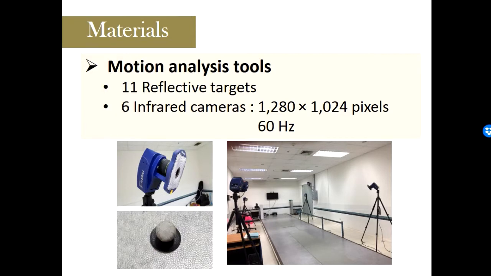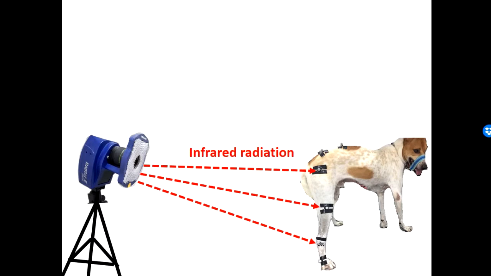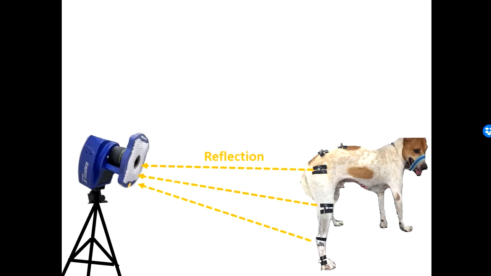And we used motion analysis with 11 reflective targets and 6 infrared cameras with a resolution of 1280 by 1024 pixels and 60 Hz frequency. As you can see, the camera emits infrared radiation and receives the reflective ray from the marker.